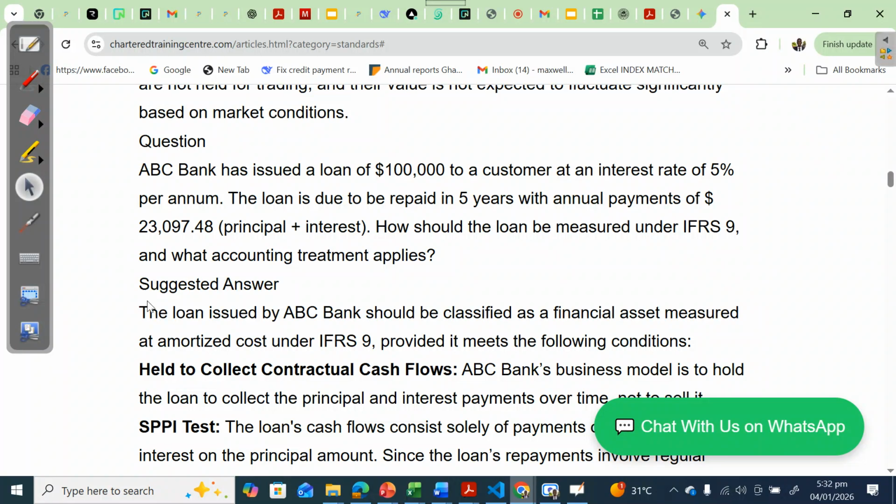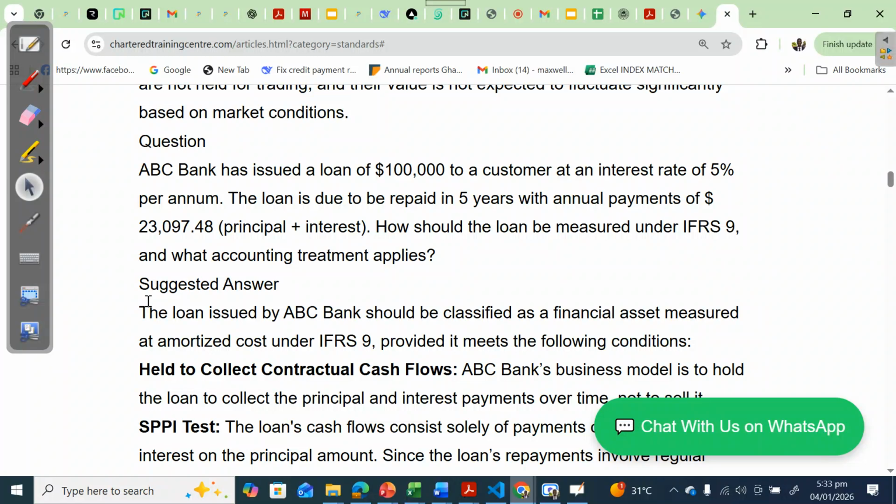Okay, let's look at an example. ABC has issued a loan of $100,000 to a customer at an interest rate of 5% per annum. The loan is to be repaid in 5 years with annual payments of 23,000, and it includes principal and interest. How should the loan be measured under IFRS 9, and what accounting treatment applies?